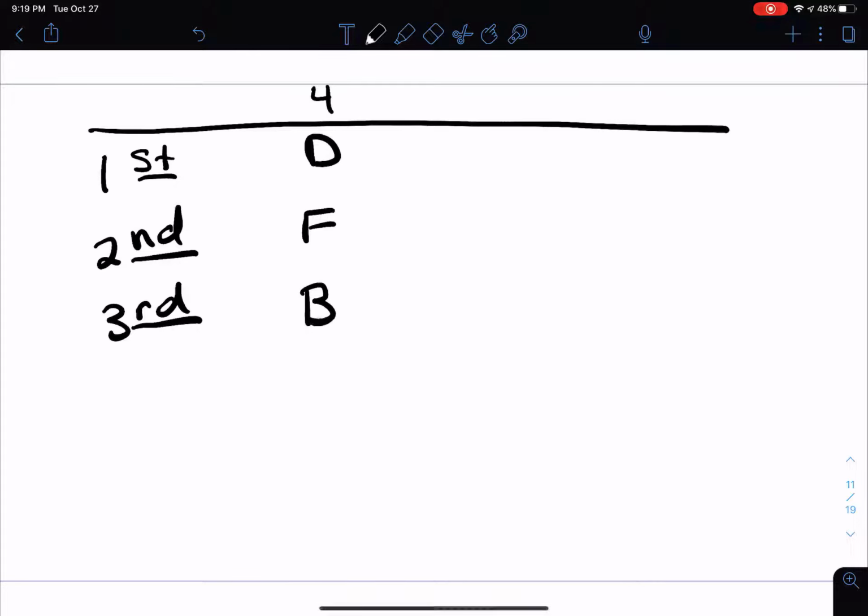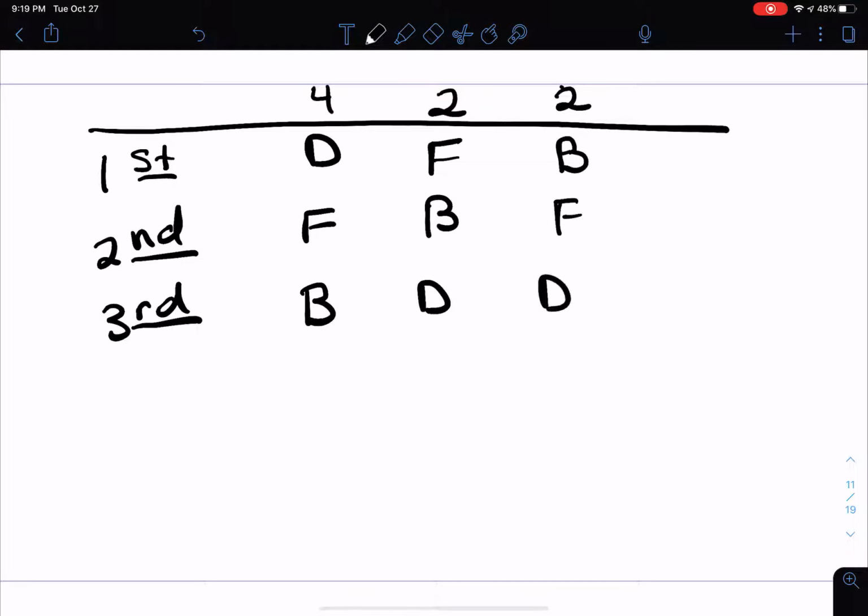So I'll just use D, F, and B. Then we had 2 town council members that decided they liked Florida first, Bolt second, and Drury third. 2 council members that decided they liked Bolt the best, then Florida second, Drury third, and then 1 council member that liked Bolt first, Drury second, Florida third. So 4, 2, 2, 1, 9 council members.